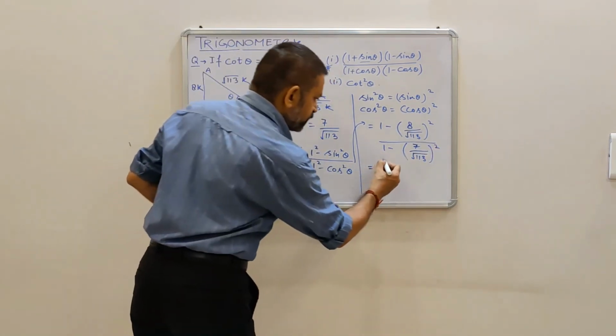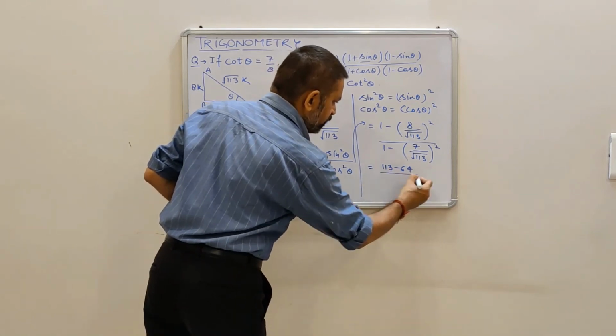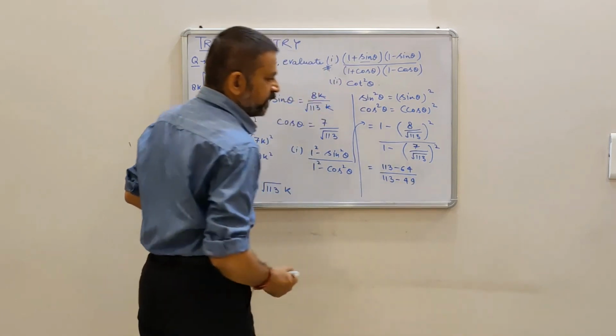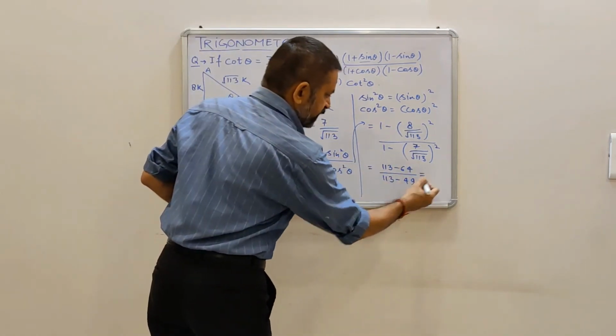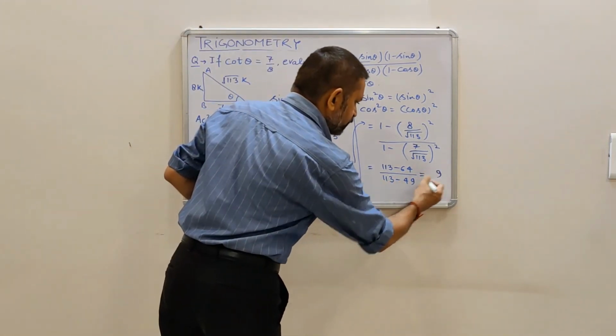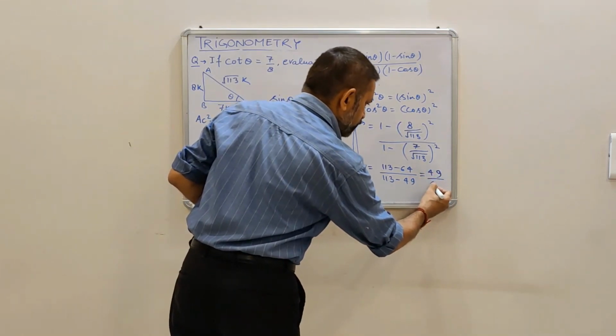Solving it, you will get 113 minus 64 upon 113 minus 49. I skipped one step because of the space. So it will become 49 upon 64.